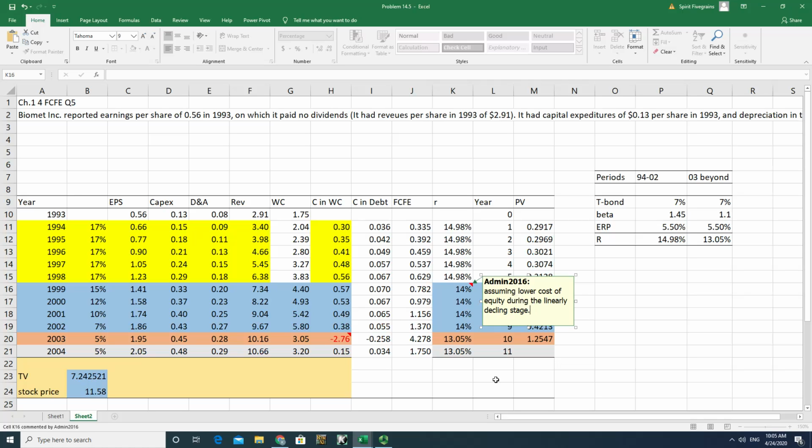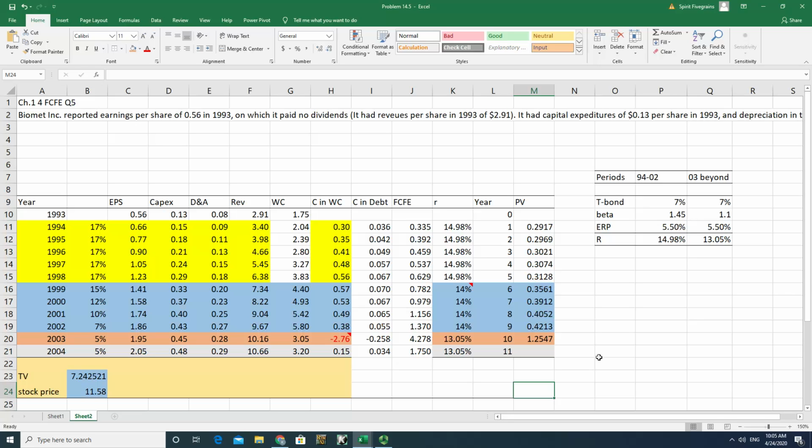Okay, so this is your assumption. It's not in the question, but it's more reasonable to impose the assumption in this table. Right? And make this number a special number. And the comment would be that the large release of working capital only happened once in this case, which is not sustainable. That's why I make year 2004 the beginning year of the constant growth time period. So year 2004 is the beginning year of the constant growth time period, although the growth rate is the same as in year 2003.